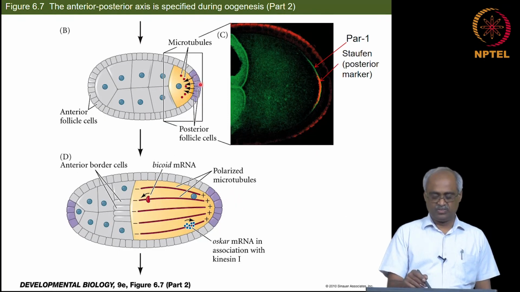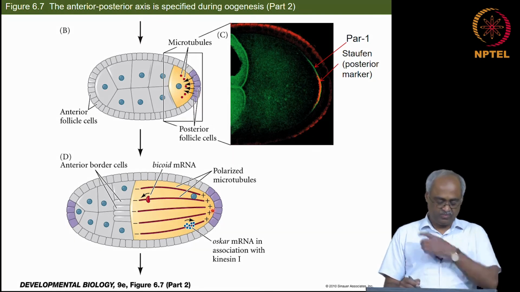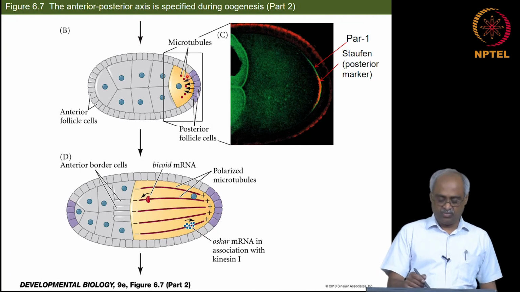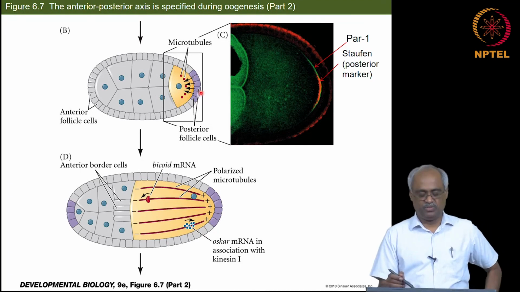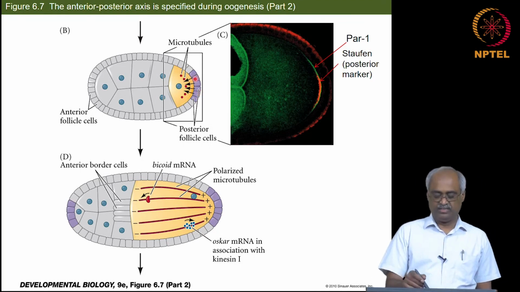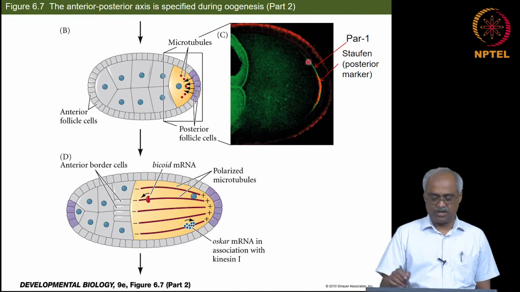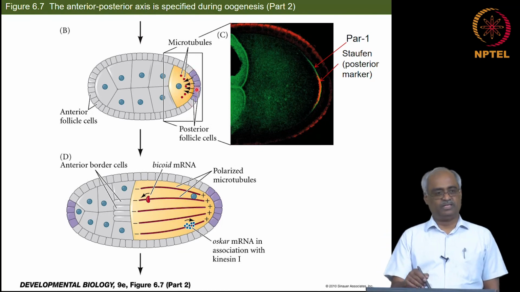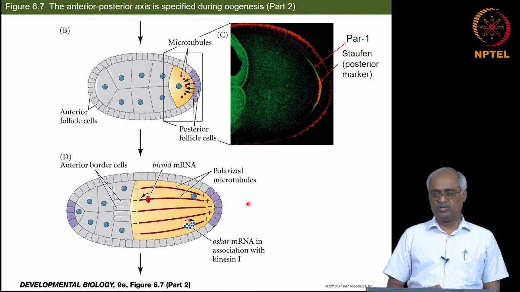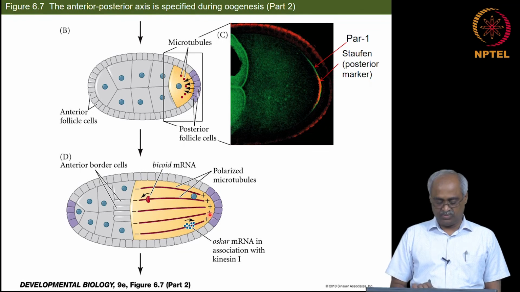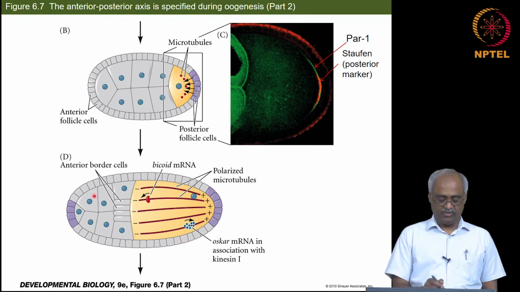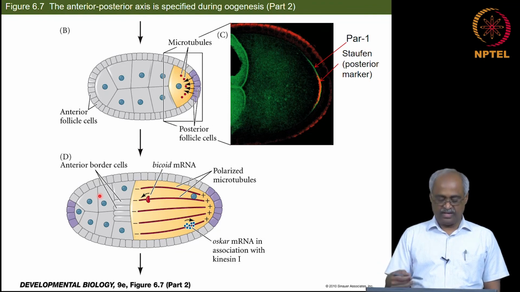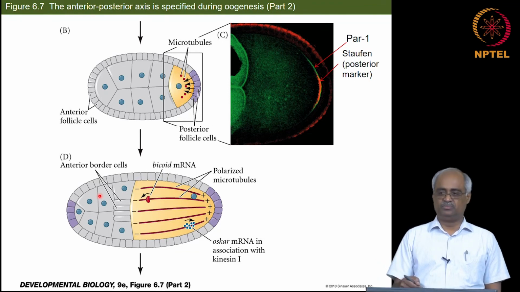And as a result of those microtubules, you have this bicoid and Oscar asymmetric localization. One of the things that reinforces this microtubule formation, also as a result of the terminal follicle signaling, is the PAR protein, PAR1, localizing to the posterior, and that PAR1 localization reinforces this microtubule orientation, and that microtubule orientation is critical for bicoid going to the anterior and Oscar going to the posterior, and the rest of the anterior-posterior is a consequence of these two.